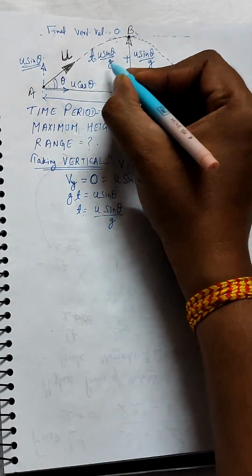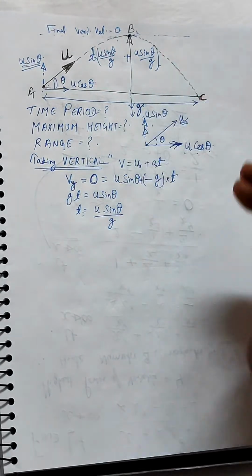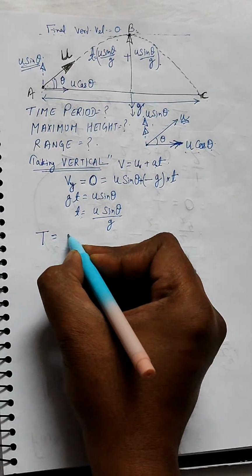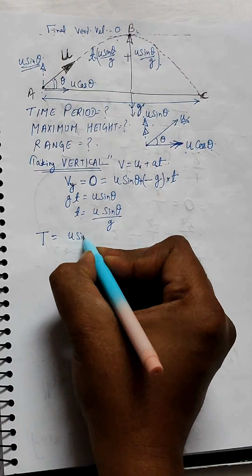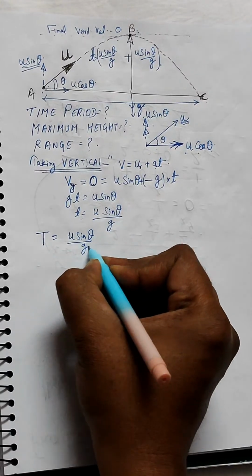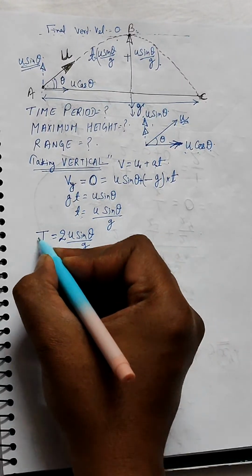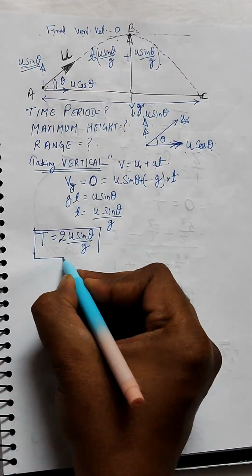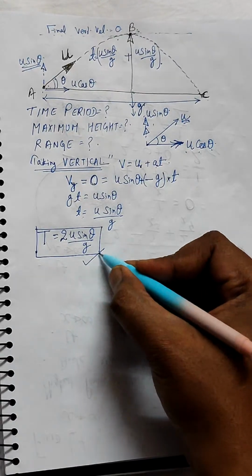When you add both these times, you will get the time period of the projectile T as 2u sin theta by g.